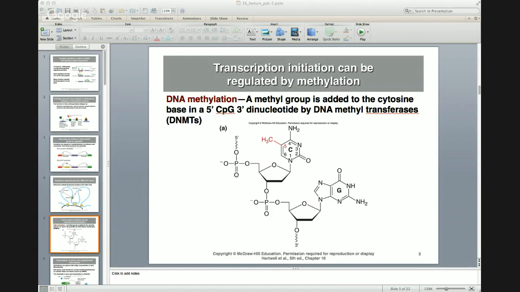This methylation of CpG dinucleotides is copied during DNA replication. We learned before that the information in DNA is replicated and passed on from parent to progeny.